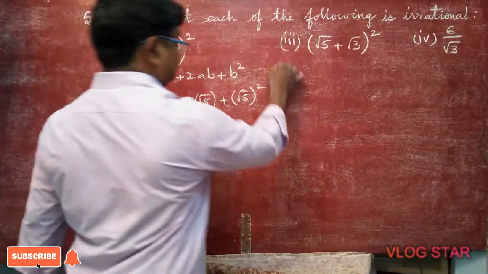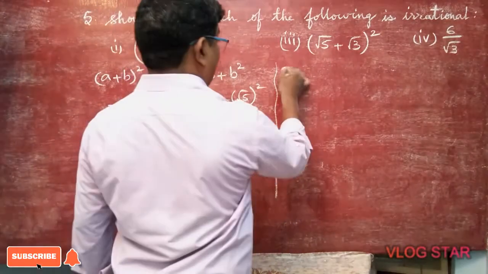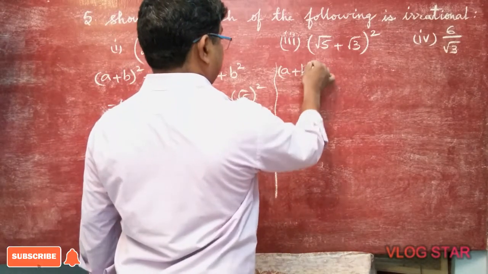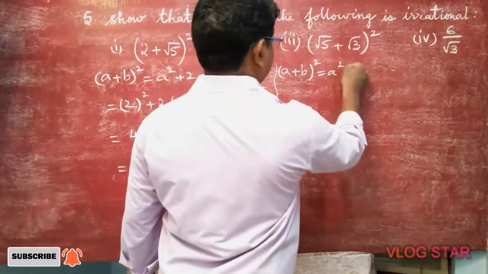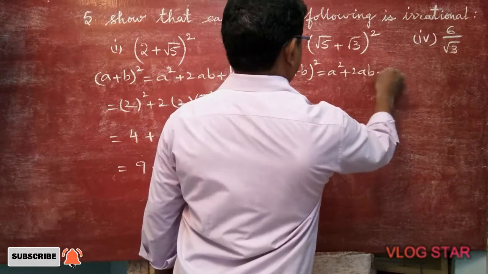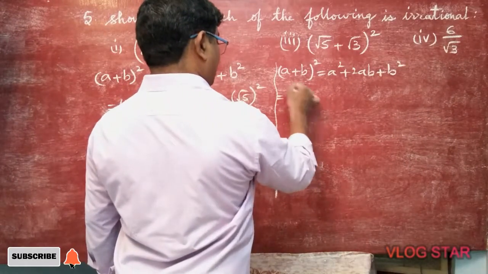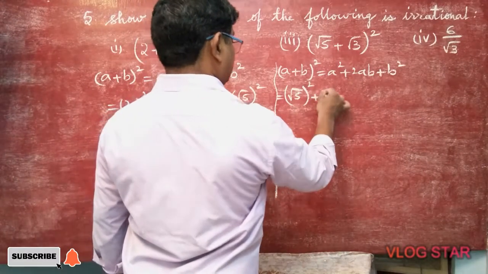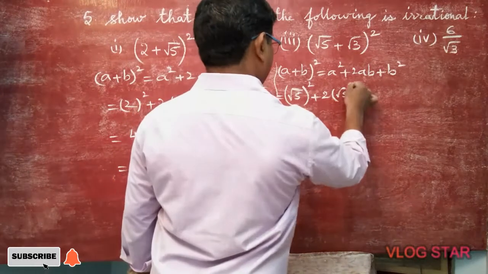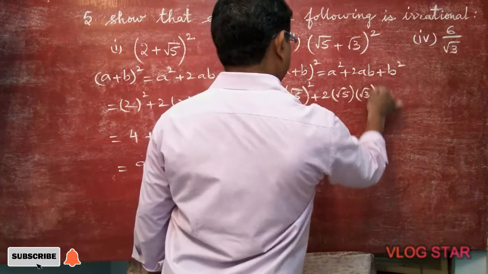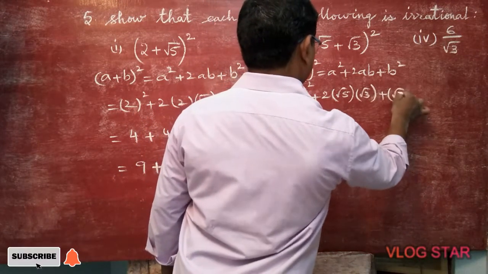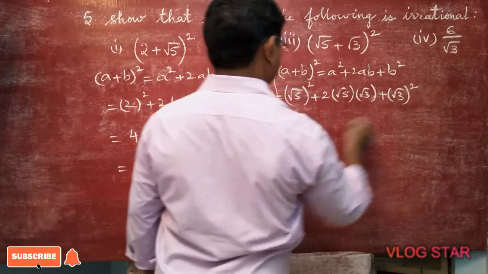Next, it is in the form of a plus b again. (a plus b) whole square, a square plus 2ab plus b square. Root 5 whole square plus 2 into root 5 into root 3 plus root 3 whole square.